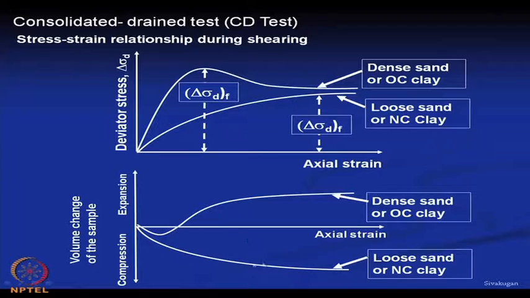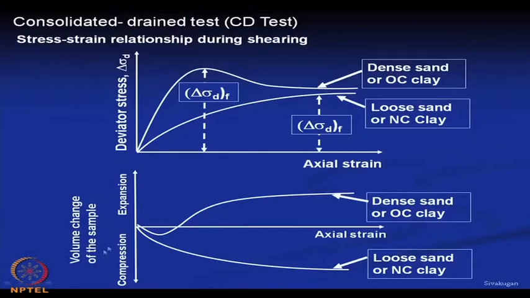This is due to the reason that for the loose sand, as we apply the load, the voids between the soil grains will reduce continuously. But in case of dense sand, the voids between the soil grains are already very small, in a packed condition. So if we further apply stress, the volume will slightly reduce again, becoming a very dense condition.